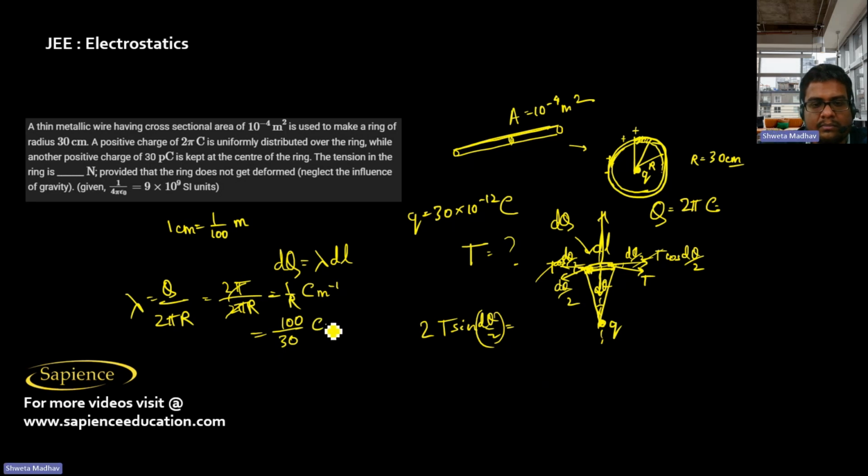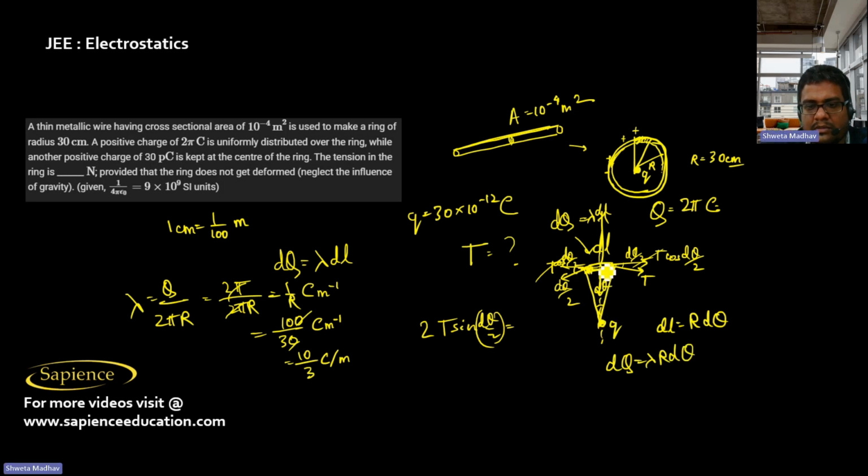So it is 100 by 30 coulomb per meter, which is 10 by 3 coulomb per meter. That's lambda. So dq is equal to lambda dl, and dl we can say is r d theta. So dq will be equal to lambda r d theta.